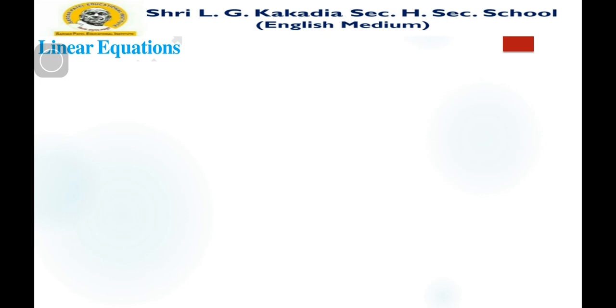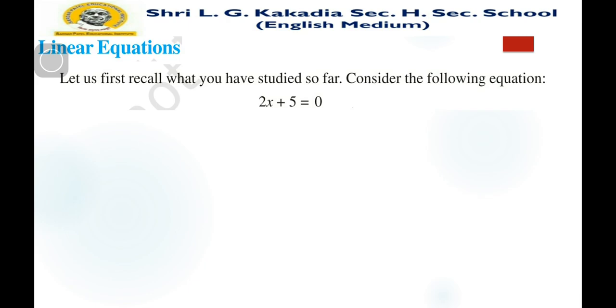In chapter number 2 we have already studied the algebraic expression in one variable. Now we are going to discuss linear equations here. So let us first recall what you have studied so far. Consider the following equation as given here: 2x plus 5 is equal to 0.